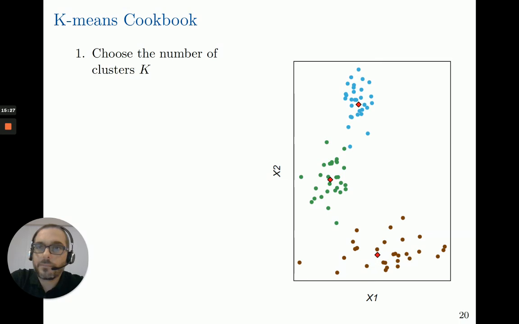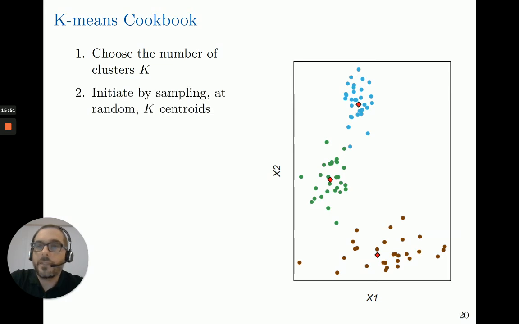So like in the cookbook, we have points labeled x with two attributes, x1 and x2, having three clusters, the brown, the green, and the blue. We pick k equal to 3. The centroids are the red points.